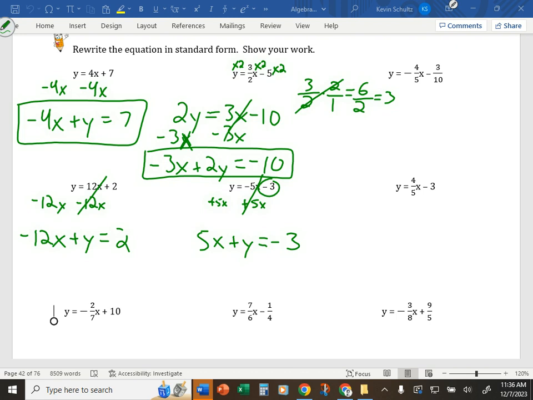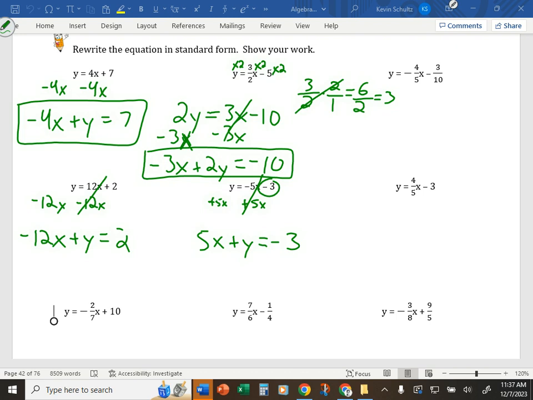Let's go down to y equals 4/5 x minus 3. Still dealing with only the one fraction. Step 1 says multiply everything by the denominator. What's the denominator of the fraction? The denominator, yes, that means the number on the bottom.